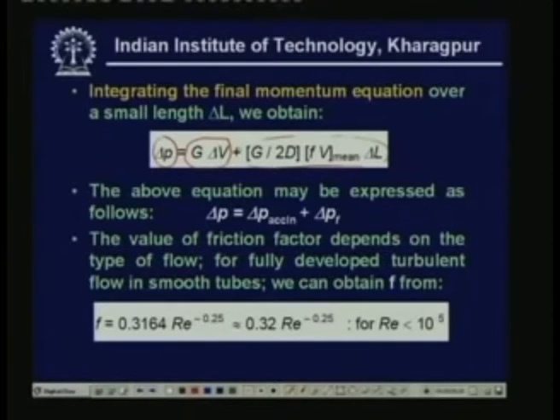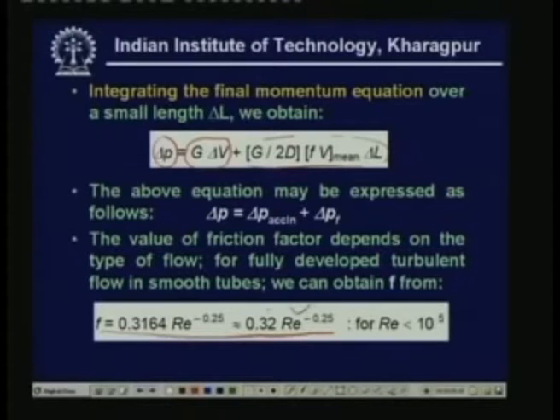So the above equation can be written as delta P is equal to delta P acceleration plus delta P friction. The value of the friction factor depends on the type of flow, and for fully developed turbulent flow in smooth tubes we can obtain f from this equation: f is approximately equal to 0.32 Reynolds number to the power of minus 0.25.